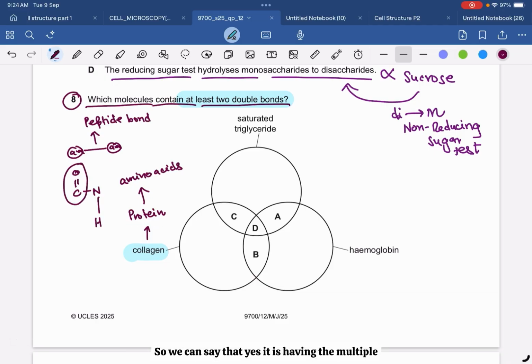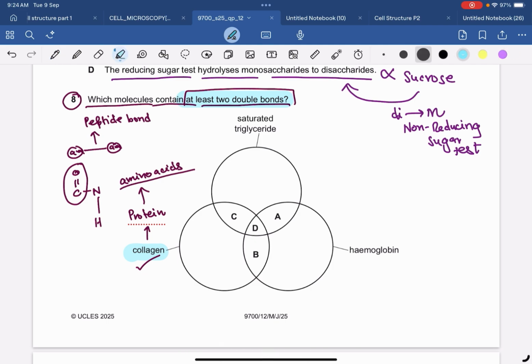So we can say that yes, collagen has at least 2 double bonds. So we will take it.